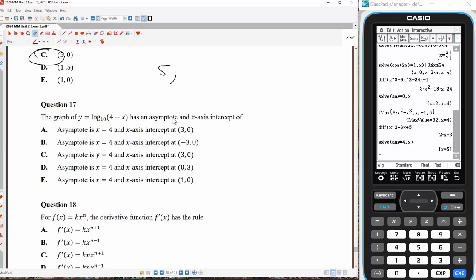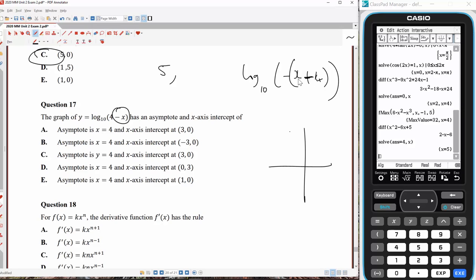Right, the graph of that has an asymptote. Basically that is a reflection, and so it's like log 10 negative x take 4.